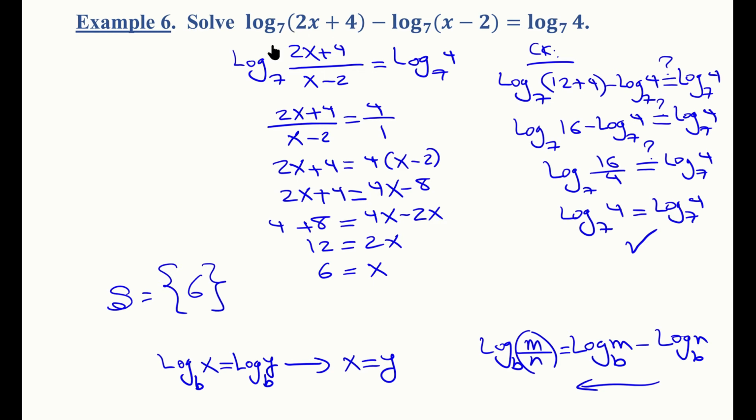Make sure you lump all the logs into one log on each side. Then once you have the log of one item equals the log of one item, those two expressions must be the same because the logs are the same. So make the deduction and then solve the equation. And that's all there is to it.